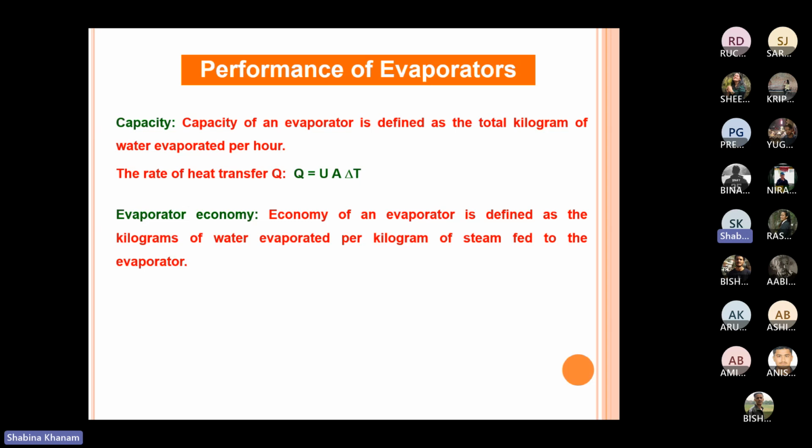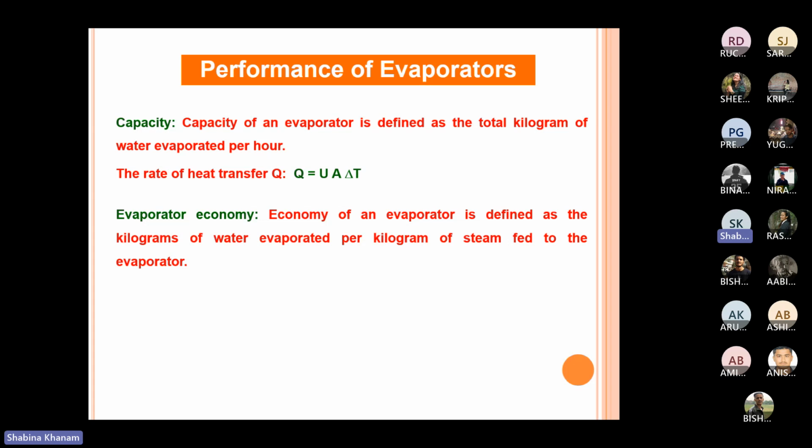This economy is for a single evaporator. If I ask you what the economy of a single evaporator is, we consider it as 0.8. The standard economy of an evaporator is usually 0.8, meaning 0.8 kg of water is evaporated using 1 kg of steam.